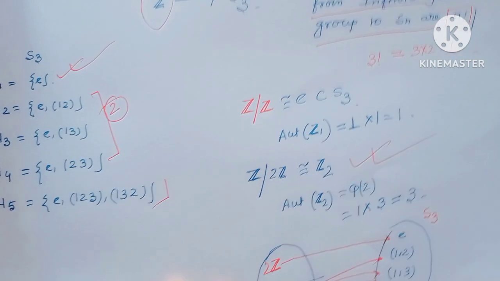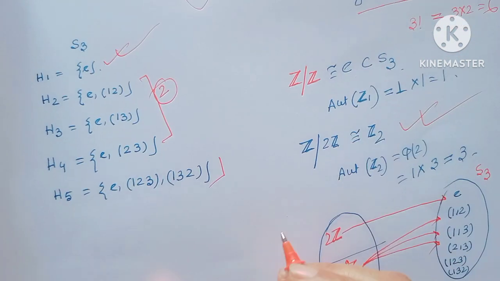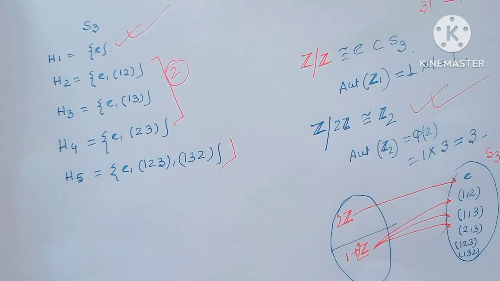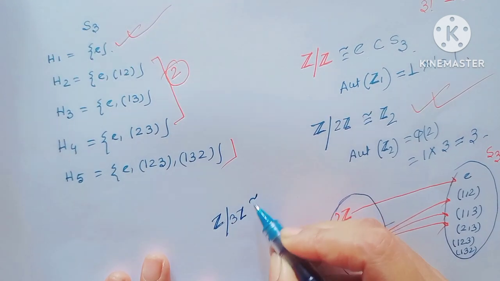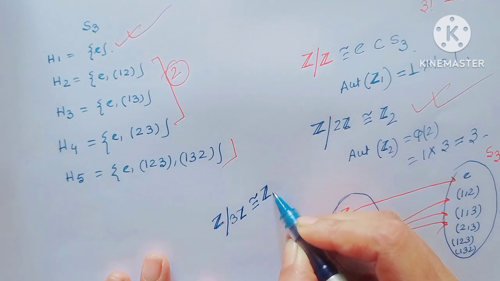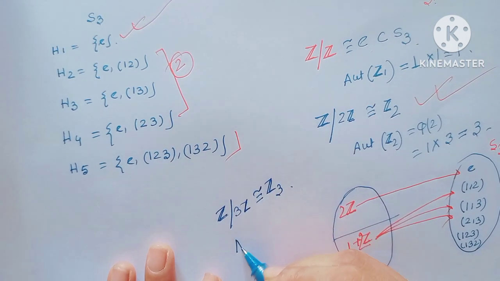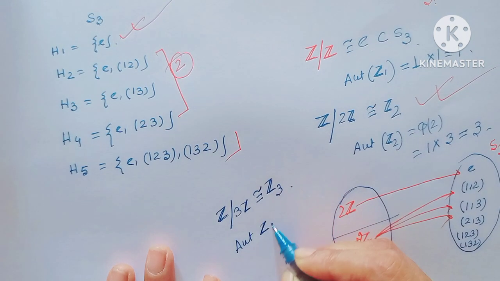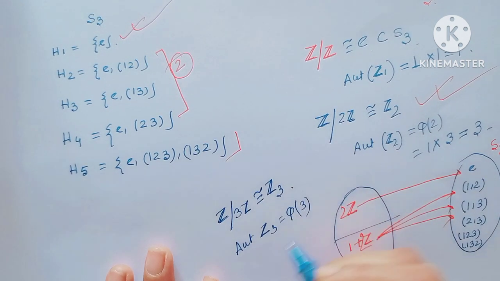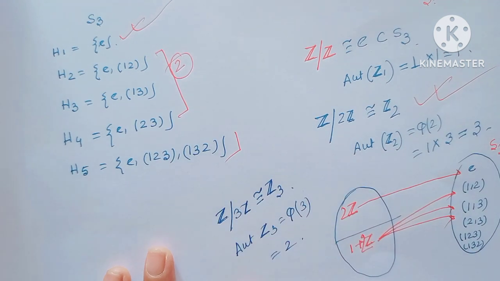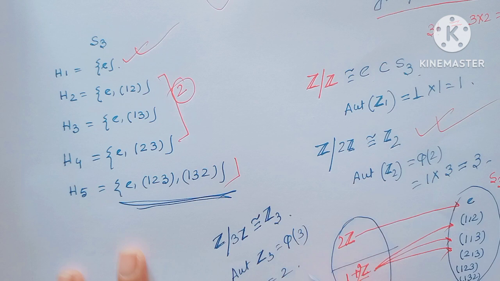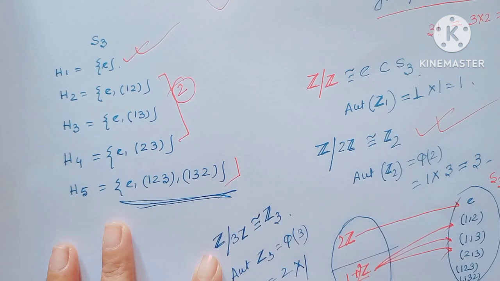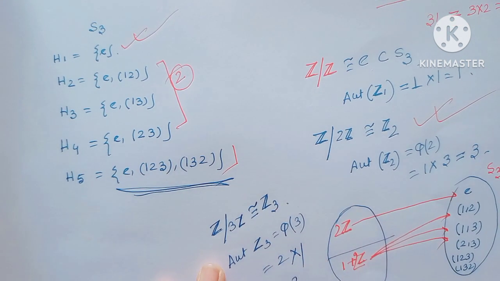Next, another possibility is Z mod 3Z, which is isomorphic to Z3. The automorphism count of Z3 is phi of 3, which equals 2, and there is 1 subgroup of order 3 in S3. So this would be 2 times 1, which is 2.